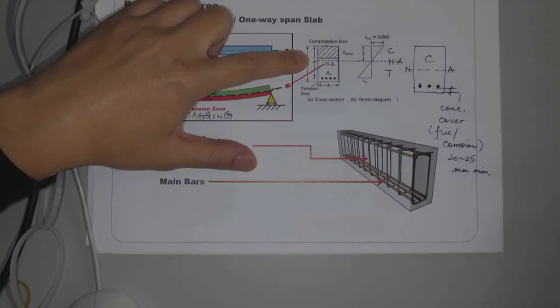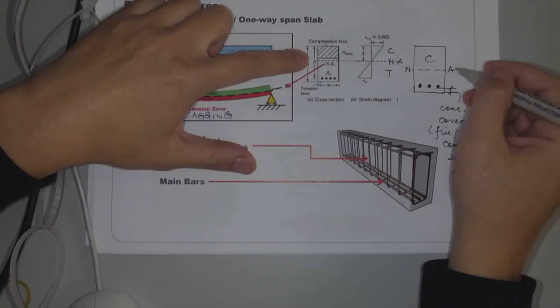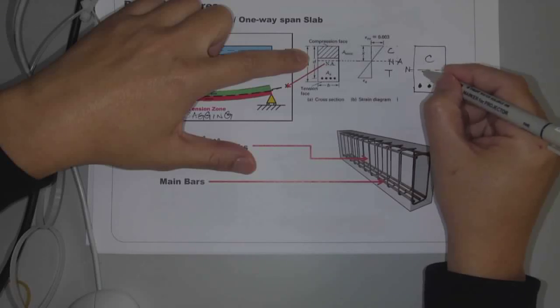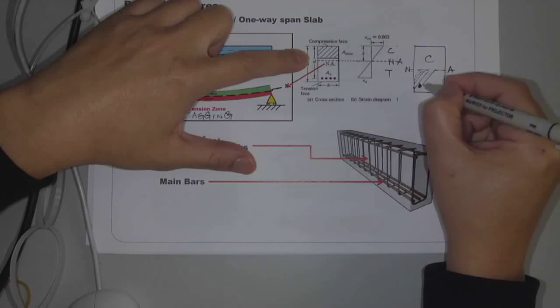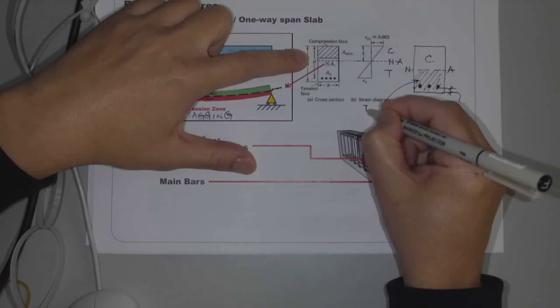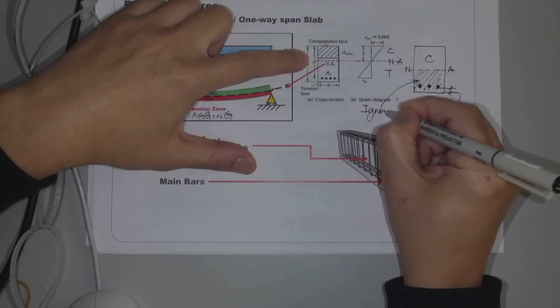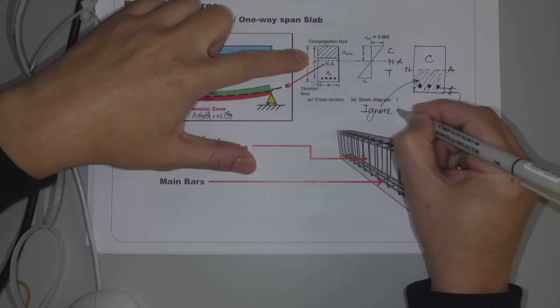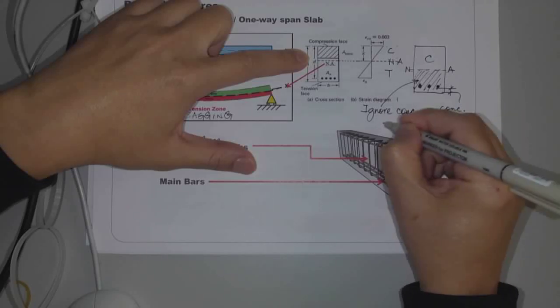It cracks. Why does it crack? Because it's very weak in tension. It cannot take much tension. So in practice, we usually ignore this part of concrete. So I would just draw, ignore concrete in tension.